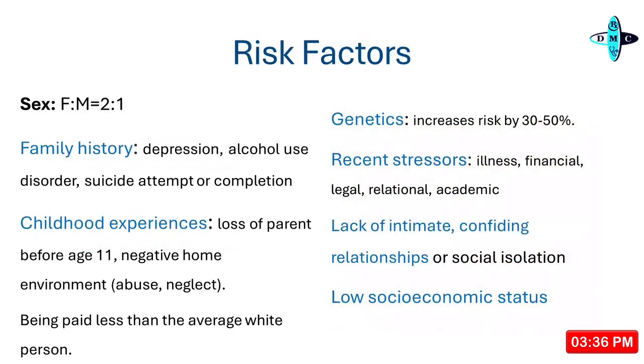So what are the risk factors for having depression? Being female is a risk factor because it's two times commoner in females. Having a family history is a risk factor because there's a genetic component, and children learn by watching their parents. The behaviors are modeled by parents to children.